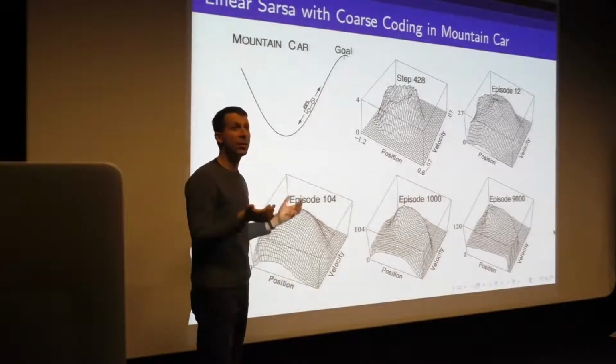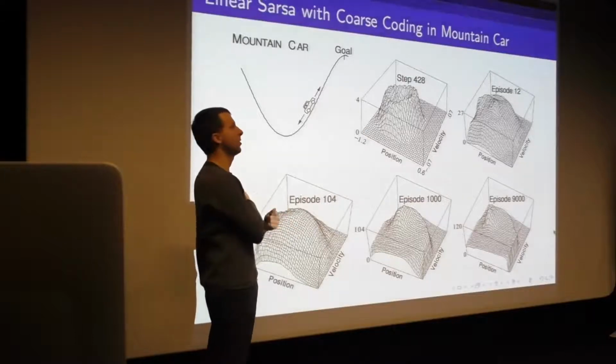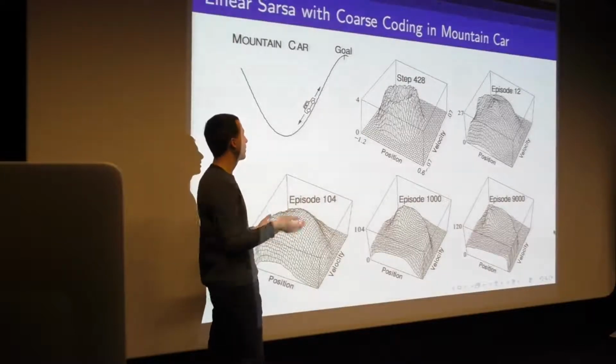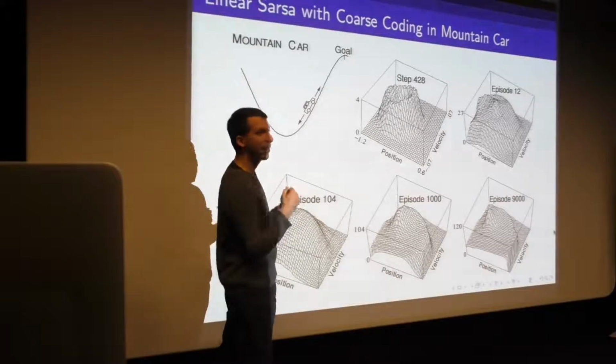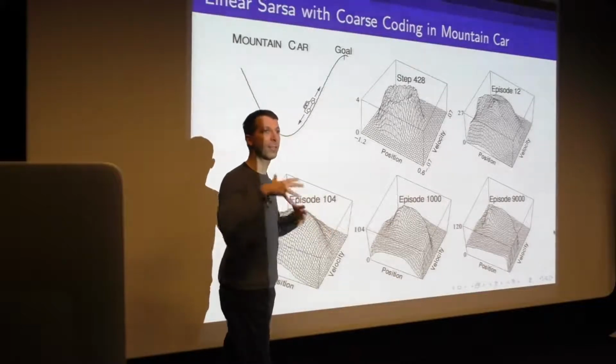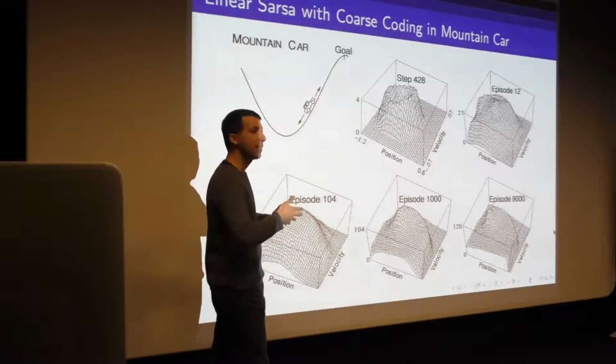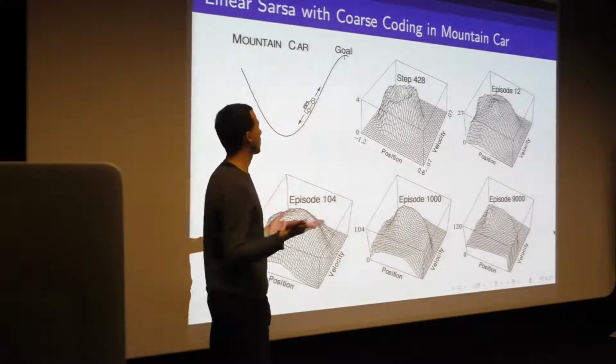And then the question is, how do you figure out that control strategy? How do you do this, not saying anything about the MDP, about the dynamics, do this all model free? We want to solve this, and now we want to do this using function approximation.